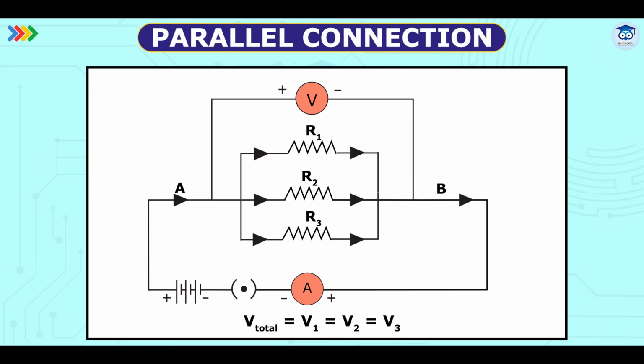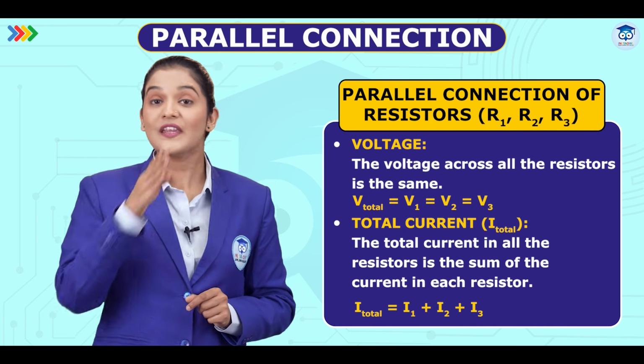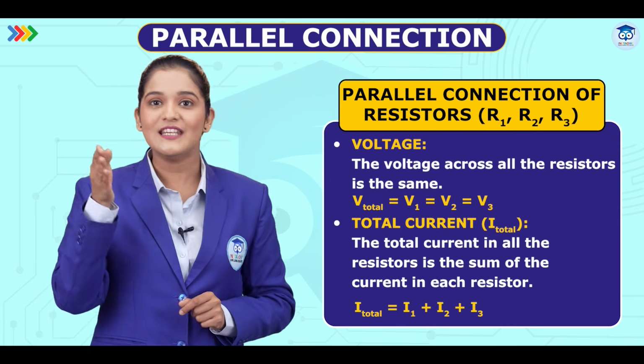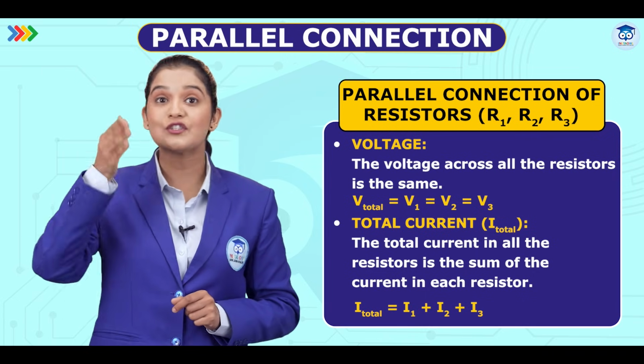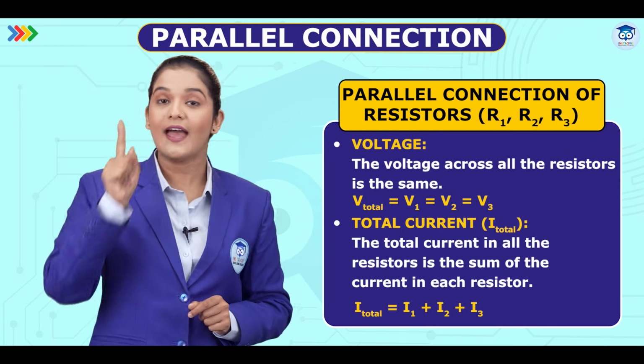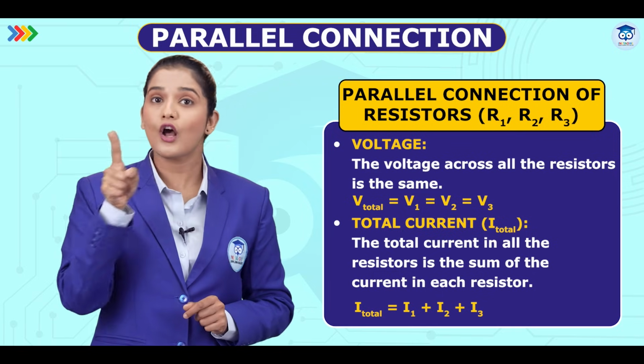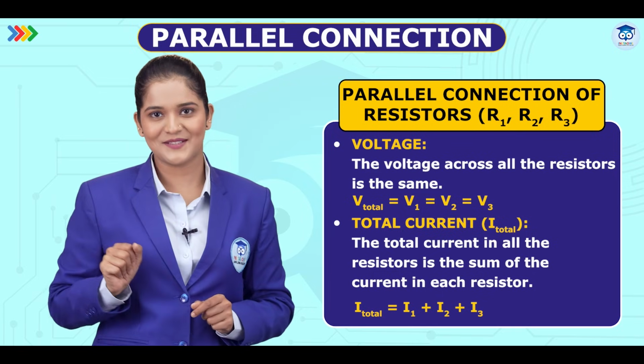That is, the voltage across the first resistor, the second and the third are all equal to the total voltage supplied by the source. We express this relationship as V equals V1 equals V2 equals V3, where V is the total voltage and V1, V2 and V3 are the voltages across the individual resistors.